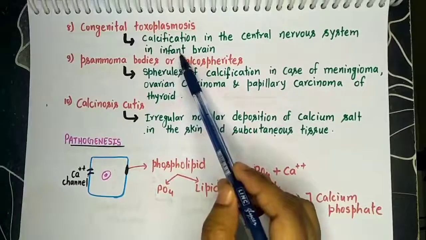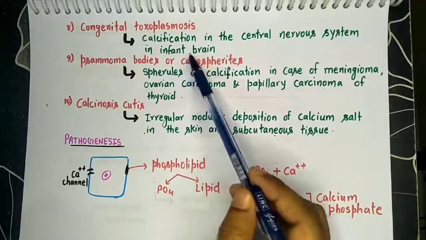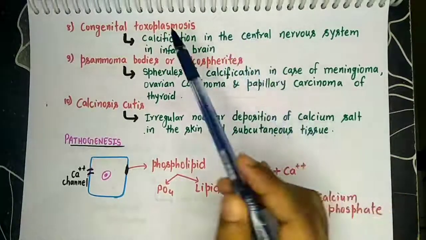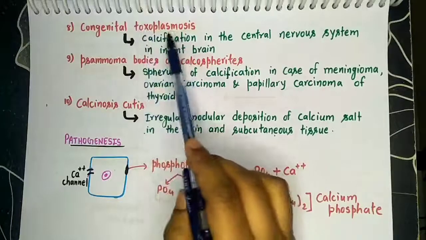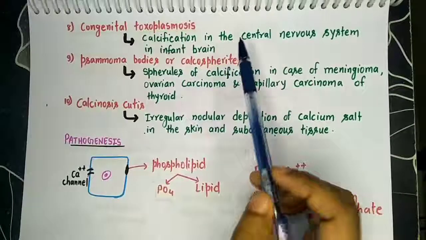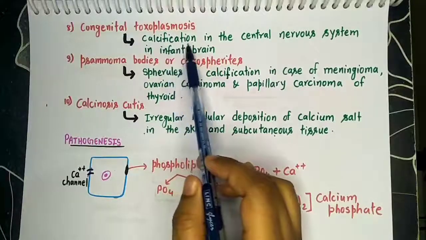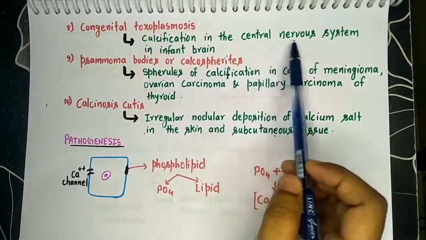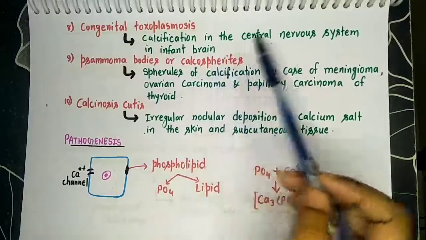Infant means the child of up to 1 year, and child up to 1 month we call neonate. And toxoplasmosis is caused by the parasite Toxoplasma gondii. So congenital toxoplasmosis means there will be calcification of central nervous system tissues in the infant brain.